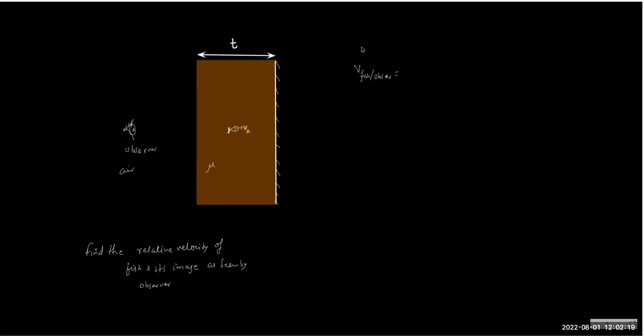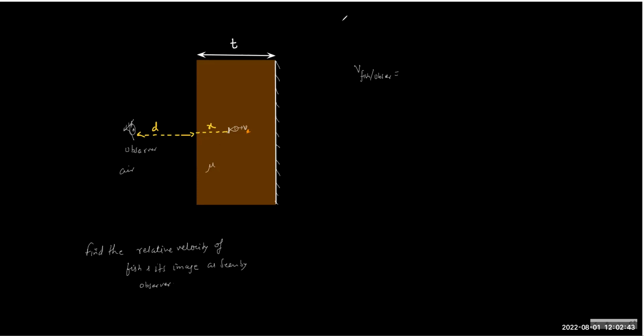So what is the velocity of the fish with respect to the observer? It's very common sense if you think this way. You can call it x. The distance of the observer from the interface is fixed. And always remember, every numerical value must be calculated from the interface, not from anywhere else.